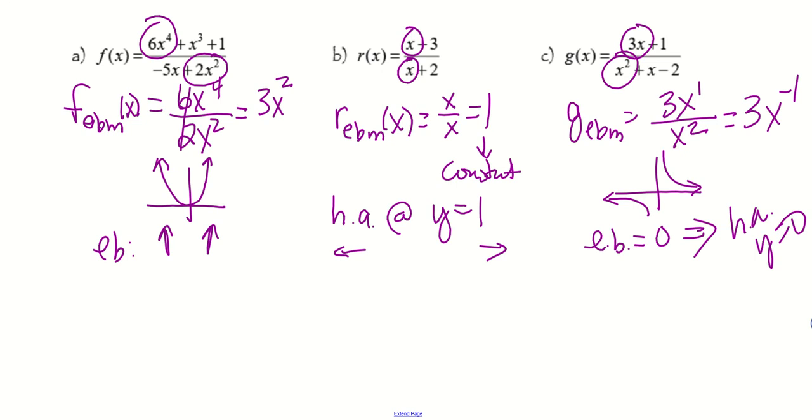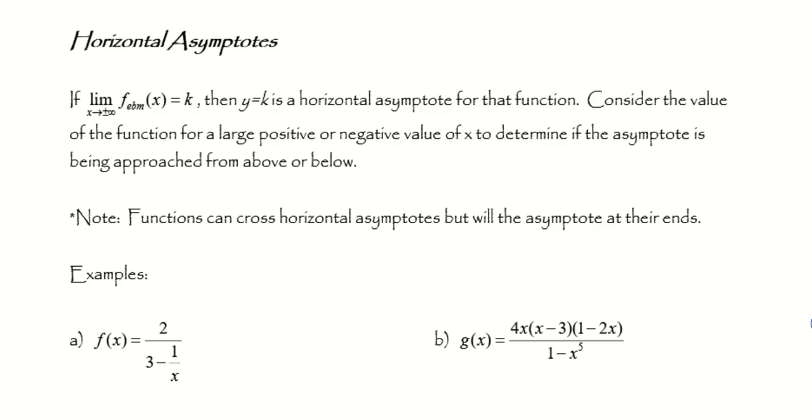All right, now let's talk more about horizontal asymptotes. So we have previously learned that if the limit as x goes to positive or negative infinity of a function is a constant, then we have a horizontal asymptote at y equals the constant.